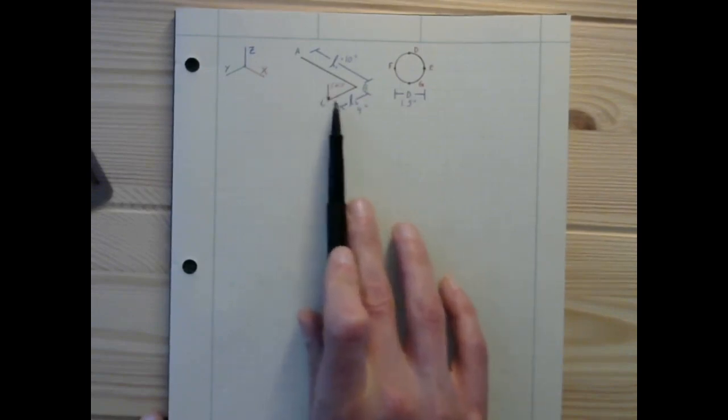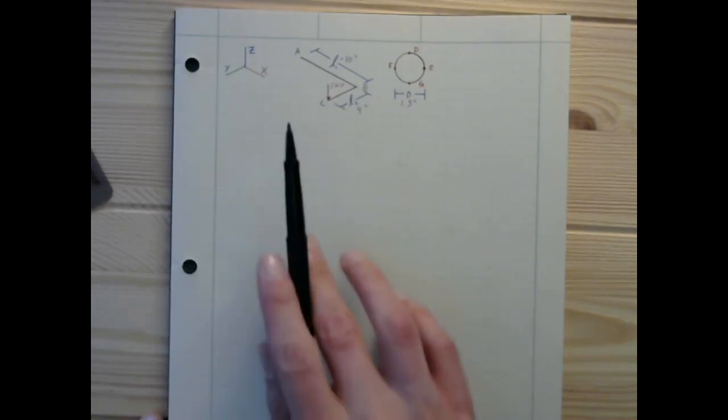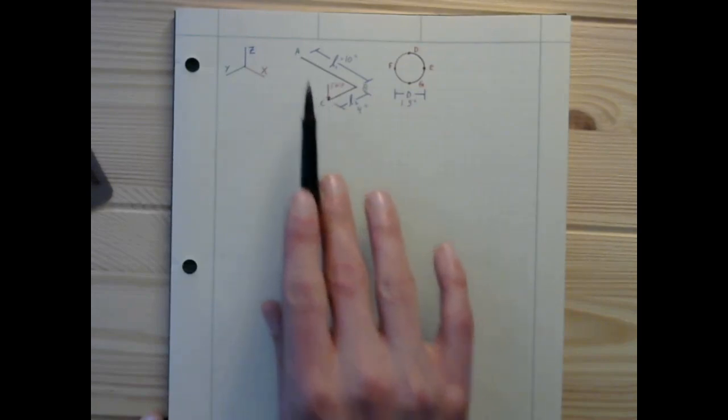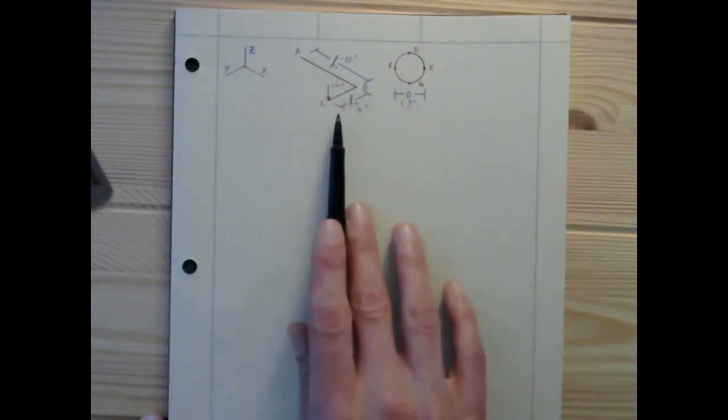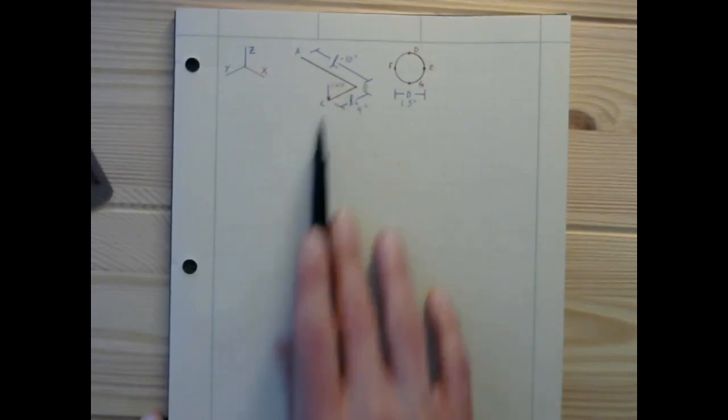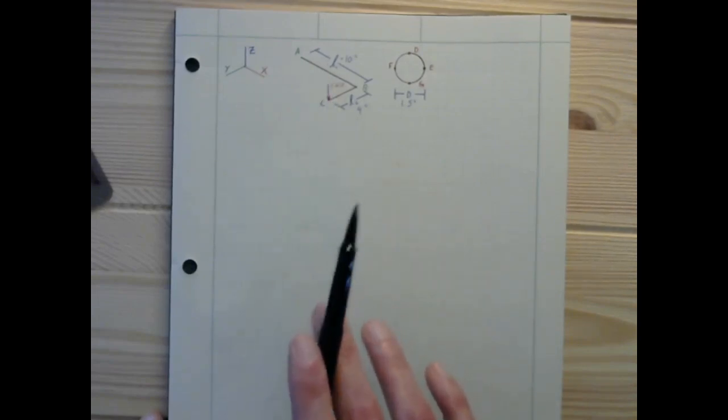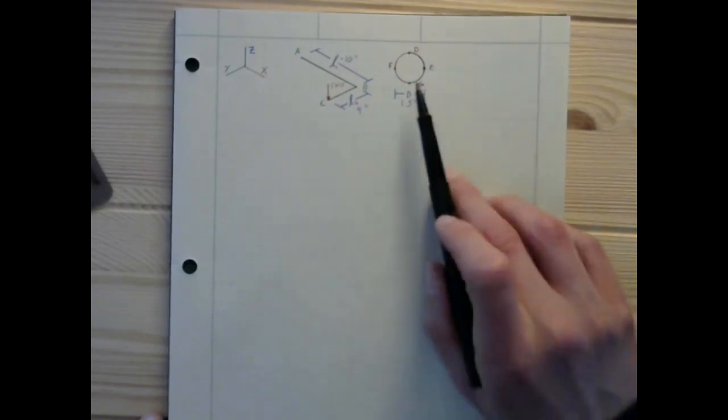Maybe it's angled, we could have that. That would be a little bit more complicated than what we have right here, where we have 10 inches in the x direction, then 4 inches in the y direction, followed by a -5 kip force in the z direction.